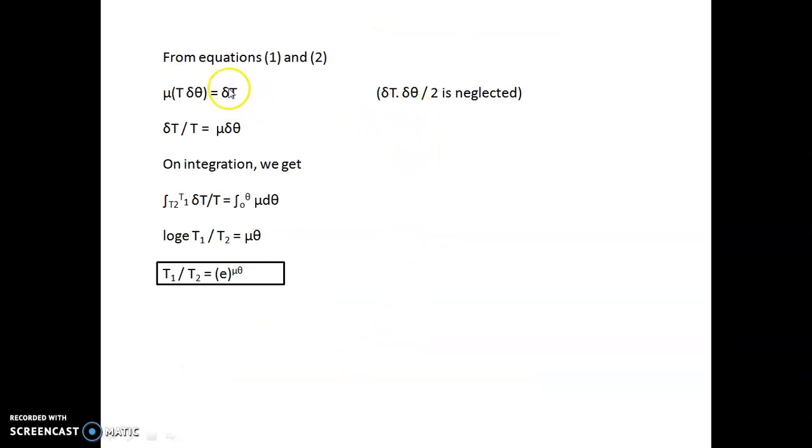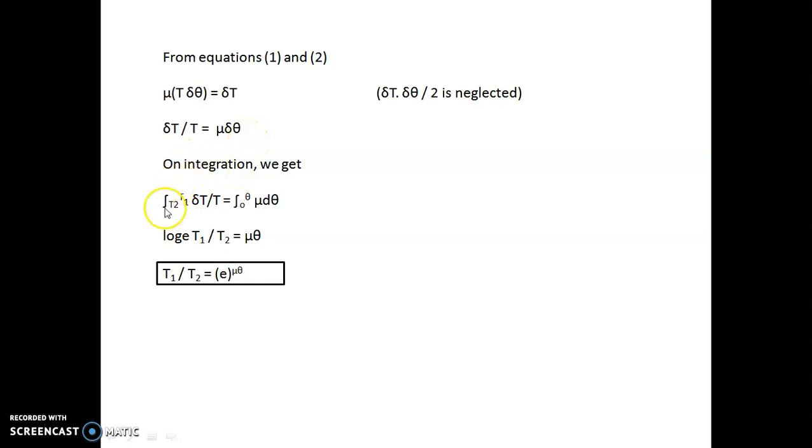So the equation we'll get from equation first and second is mu, the value of R is T delta theta, is equal to delta T. So delta T upon T is equal to mu delta theta. Now we'll integrate this equation.